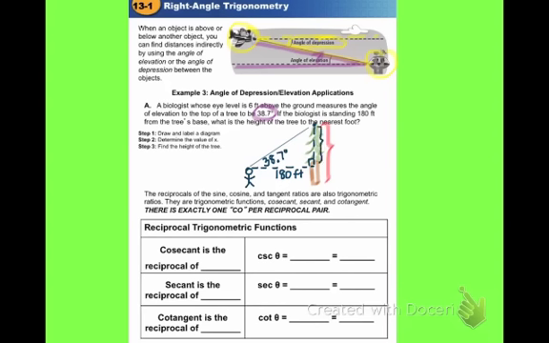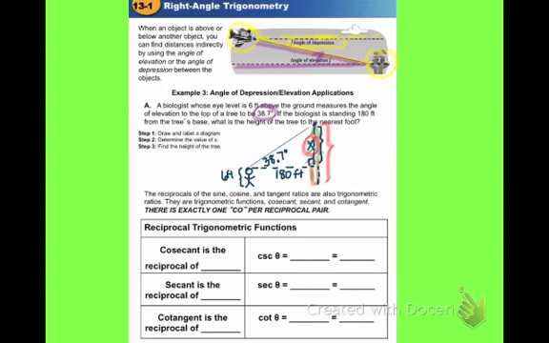But we know that the rest of this length from here down is the 6 feet that his eye level was at. So we want to find this length, which we'll call x, and circle it. We'll find x, and then we'll have to add 6 at the end, the height of the person's eye level.